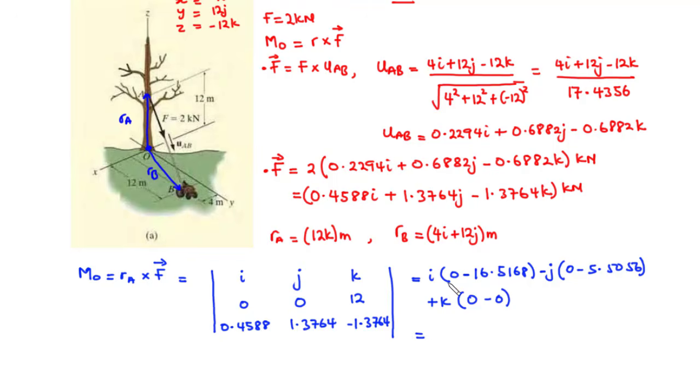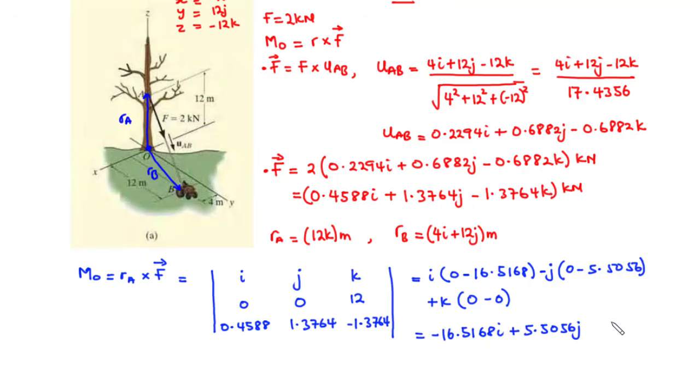So we have i times negative of this, that becomes negative 16.5168i, and then negative times negative becomes positive, so positive 5.5056j, and then plus 0k.